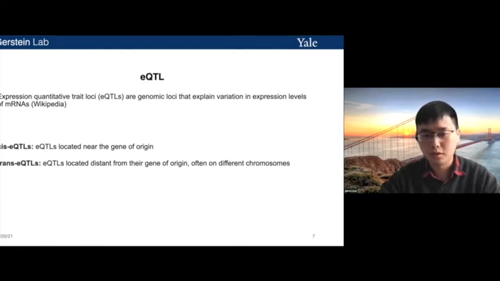And typically, people divide eQTL variants into two groups. One is called cis eQTL, where the variants are located near the gene, and the other group is called trans, which means the variant is located distant from the gene, often on a different chromosome.